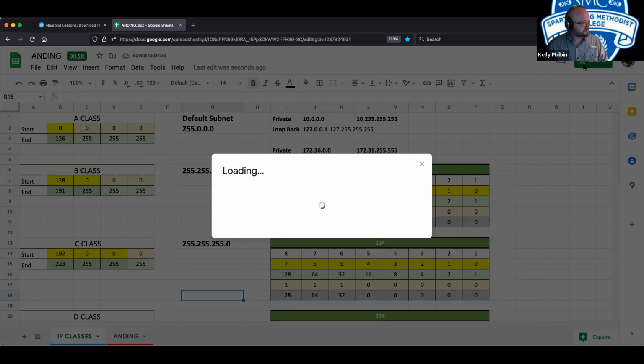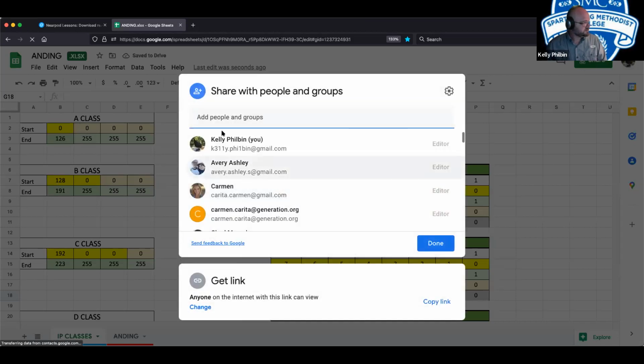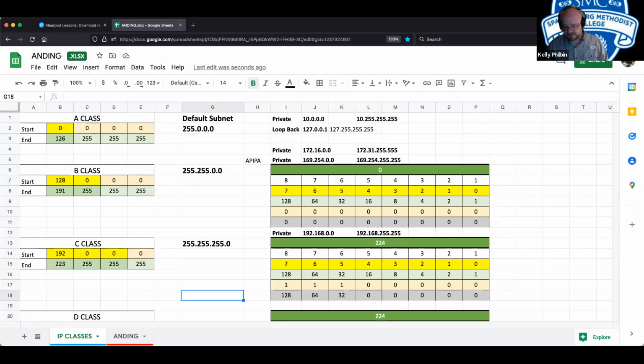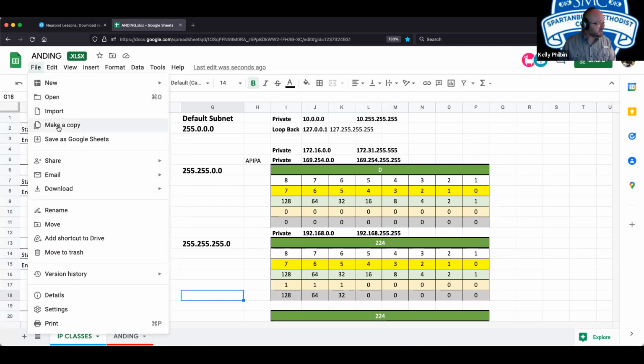I'll drop this in chat here. Make a copy of this spreadsheet. If you go up here to File, when you open it, go down to make a copy, save it to your computer, and then you can play around with this.